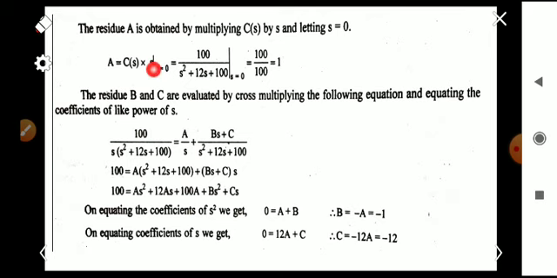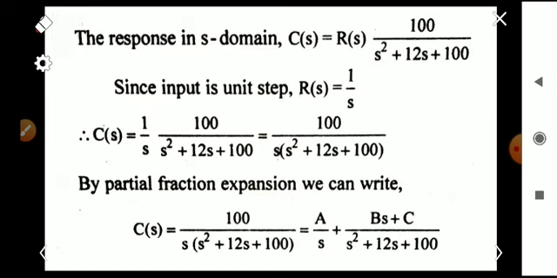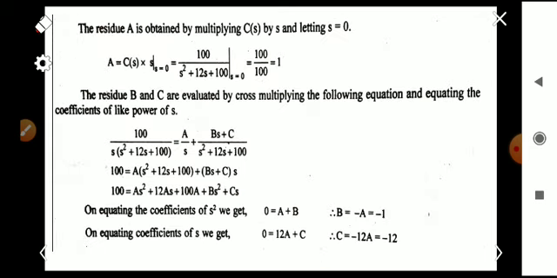When we multiply this term with s, the s and s cancel. After that we substitute the value of s as 0, and we obtain the constant A as 1. So A is 1, and we have to find B and C.